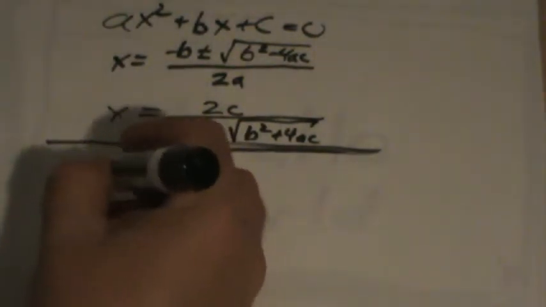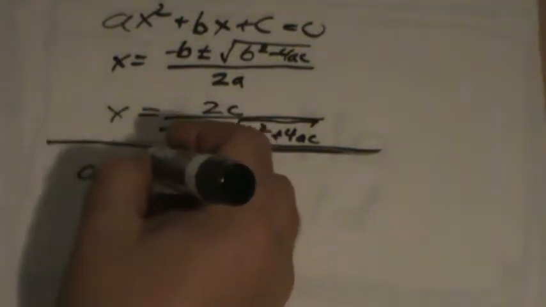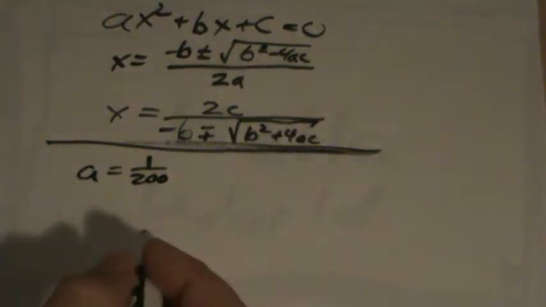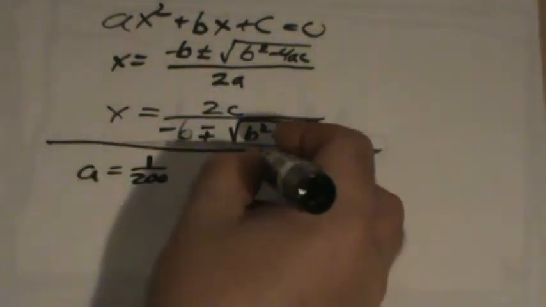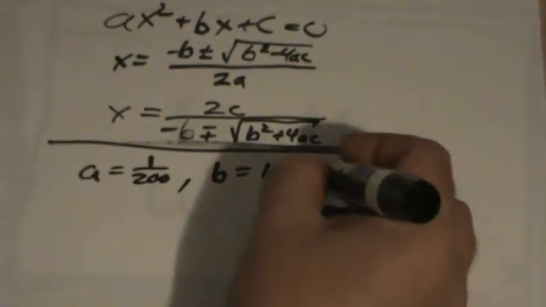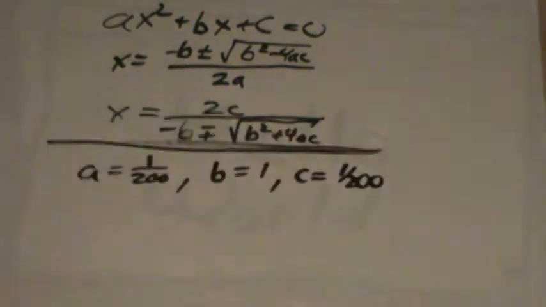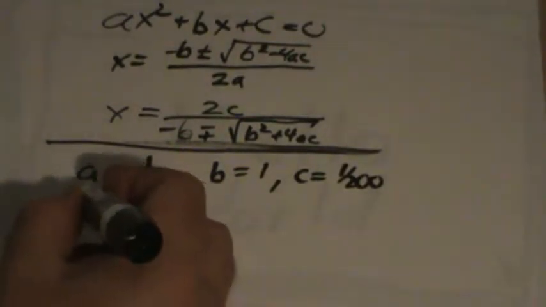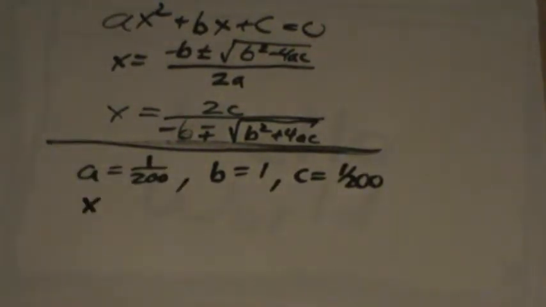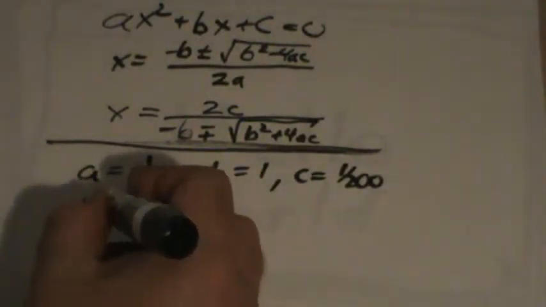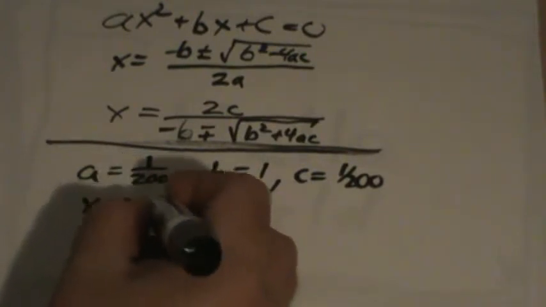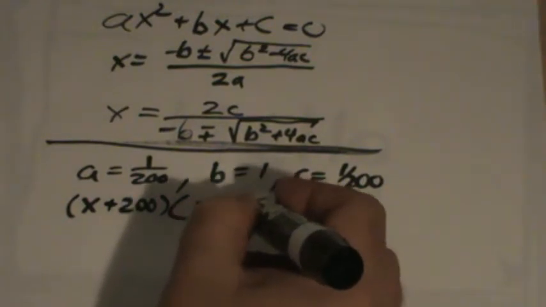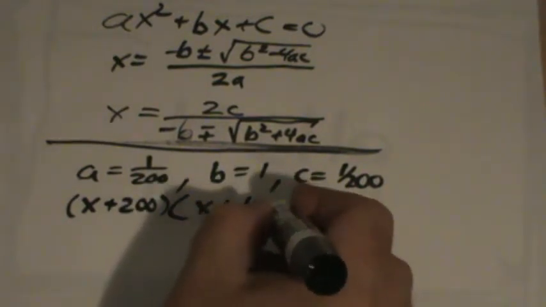Let's say I start off with A is equal to 1 over 200, and B is equal to 1, and C is equal to 1 over 200. You might wonder, how do I come up with these numbers? I came up with these numbers by picking in advance what I want the answer to be. I would like my roots to be x plus 200 times x plus 1/200th.